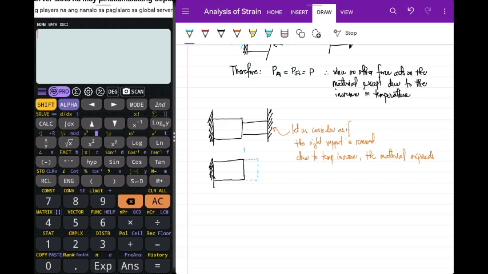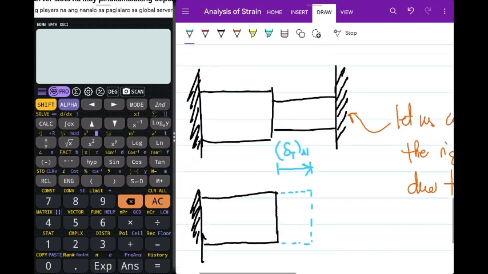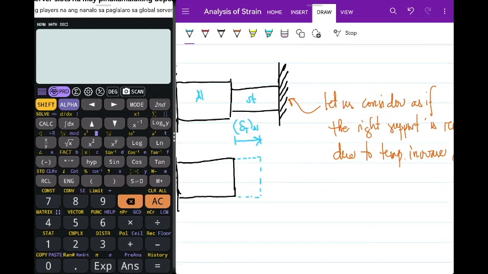This is really one of the critical aspects in solving problems related to thermal stresses. What is the critical part? That is the analysis part.